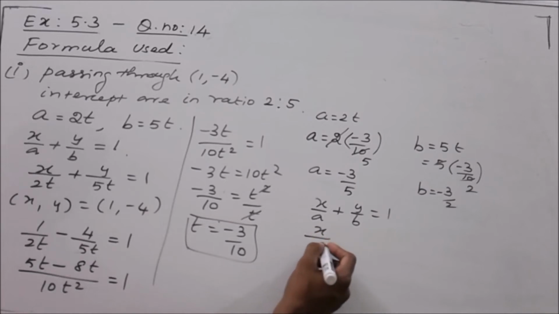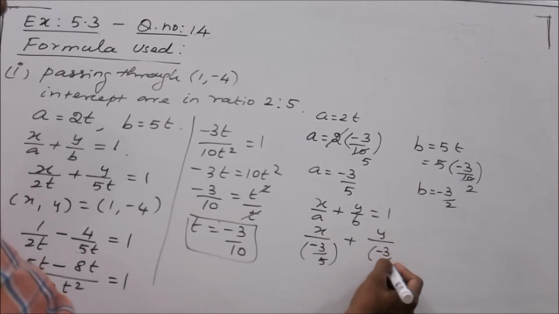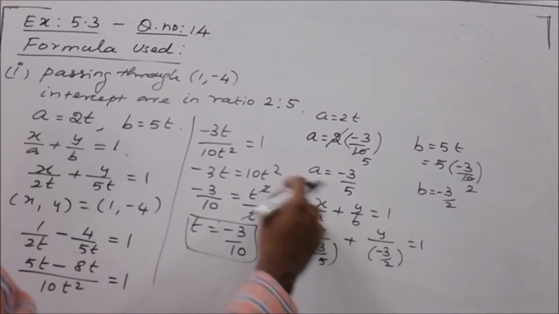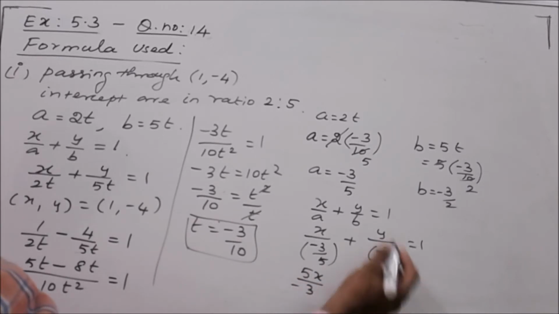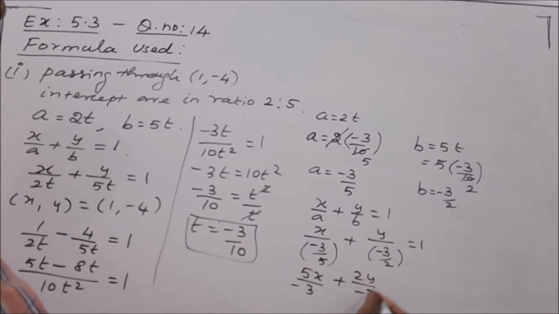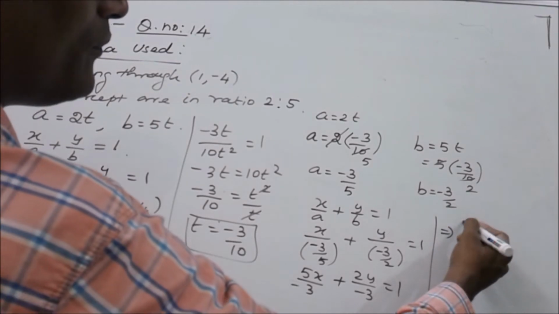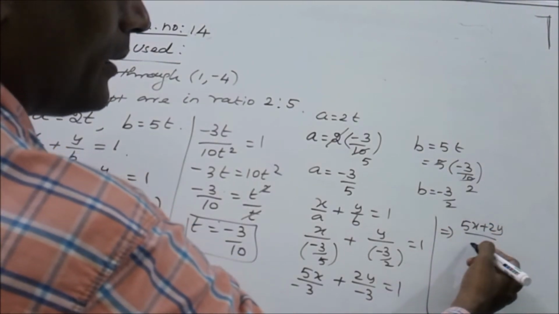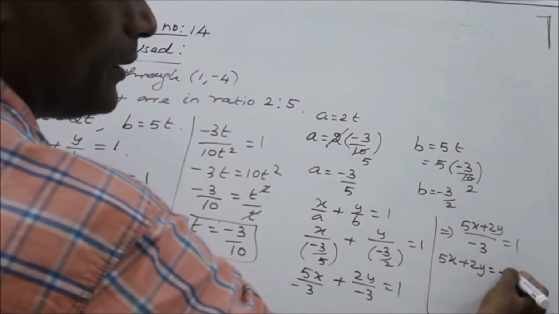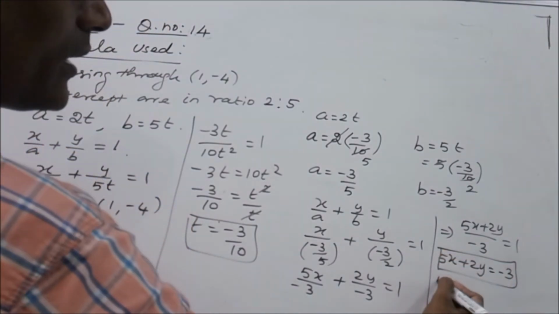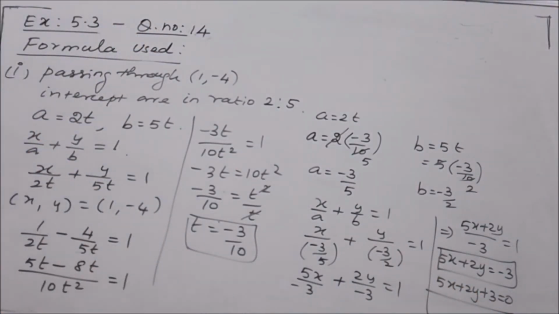So x by minus 3 by 5 plus y by minus 3 by 2 equal to 1, which implies 5x by minus 3 plus 2y by minus 3 equal to 1. Both have equal denominators, which implies 5x plus 2y by minus 3 equal to 1. Therefore 5x plus 2y equal to minus 3 is the required answer, or 5x plus 2y plus 3 equal to 0. You can write either way.